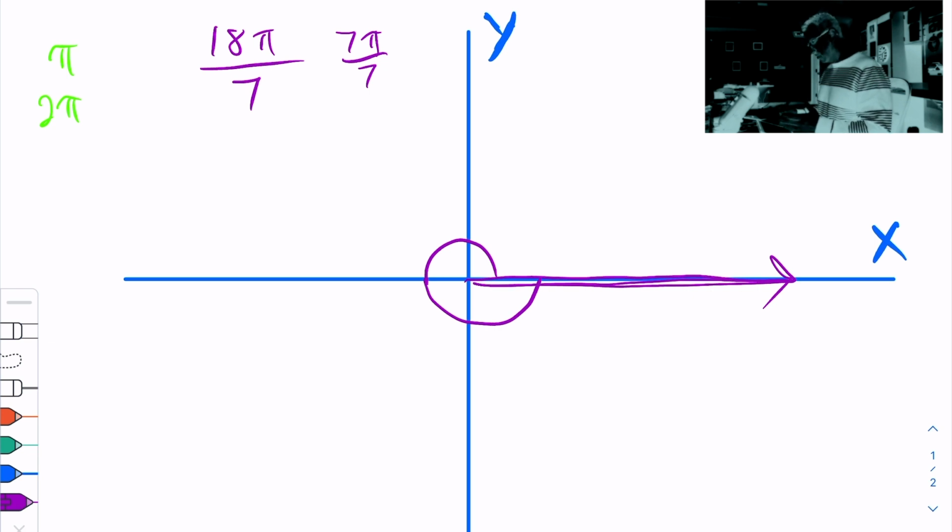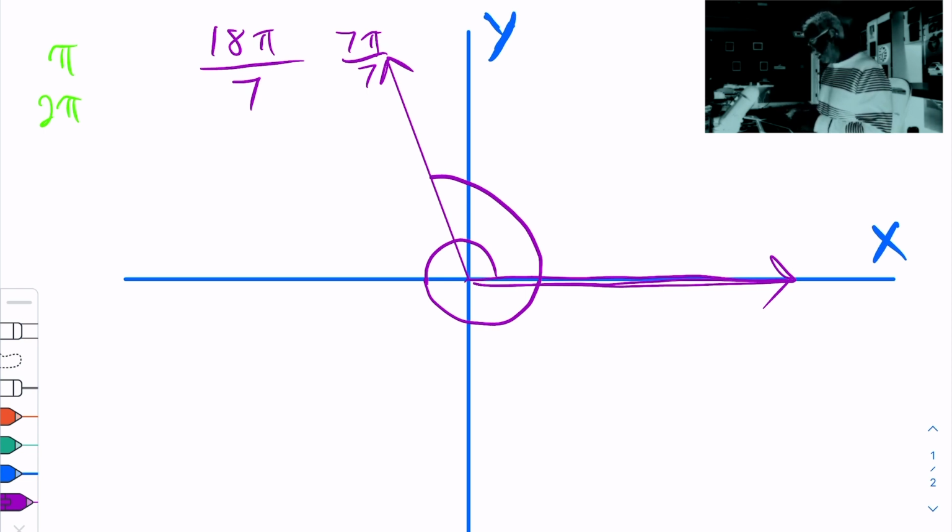But I don't want 21 pi over 7. I just want to go as far as 18. So I'm going to go somewhere right about in there.